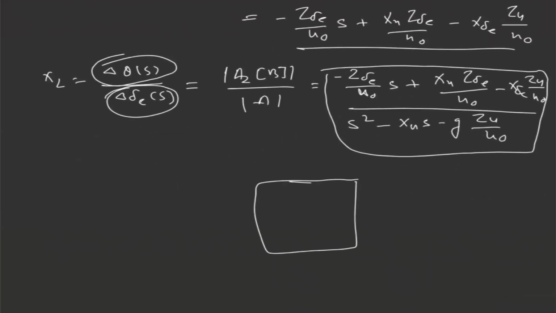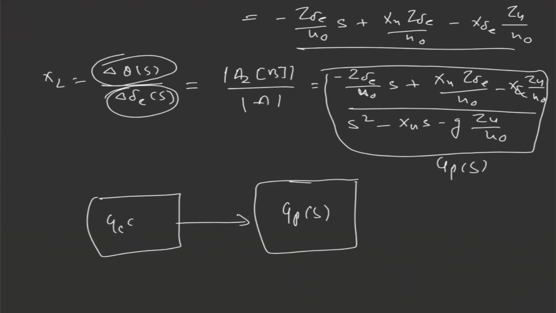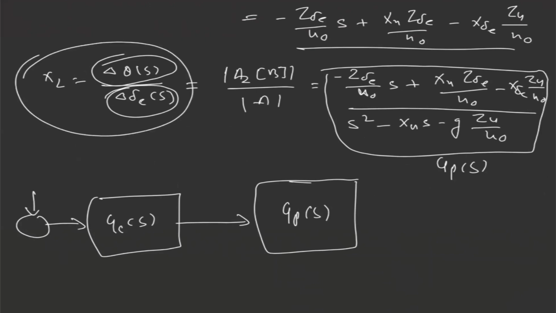So this is basically the G P(s). Here actually this is the plant G P(s). So we have to design G C(s), and this is the summing point. For example, if we are going to design the control algorithm for this system, we can set theta desired, and this is plus, this is minus, negative feedback.